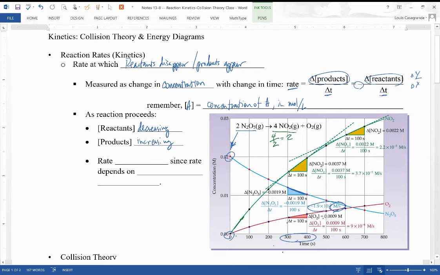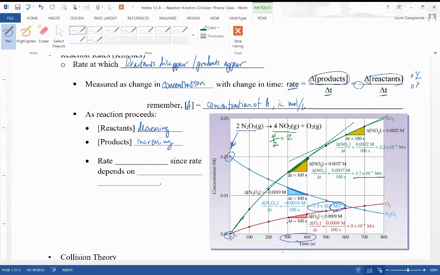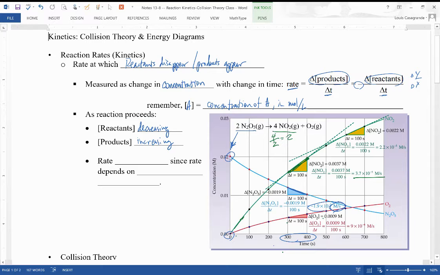And in fact, if we look at the NO2 between 300 and 400 seconds, keeping it at the same point, we're going to see that that change is in fact about twice the change in the N2O5. Finally, the oxygen has a coefficient of 1, so we should have a 1/2 ratio there. And here's oxygen down here in the red, and between 300 and 400 seconds, we do get a rate that's about half that rate of the N2O5.